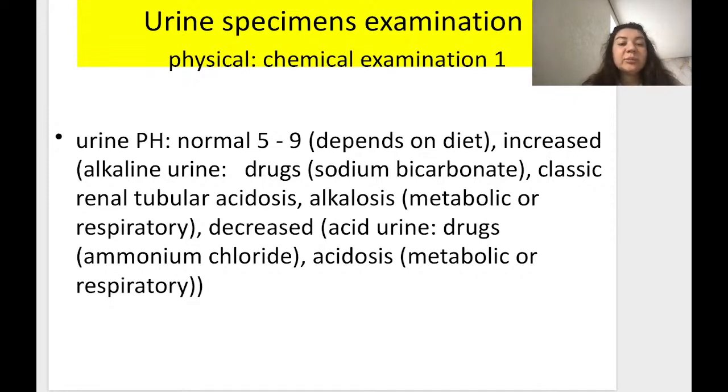Decreased urine pH, or acid urine, can also be due to drugs like ammonium chloride, and general acidosis, metabolic or respiratory.